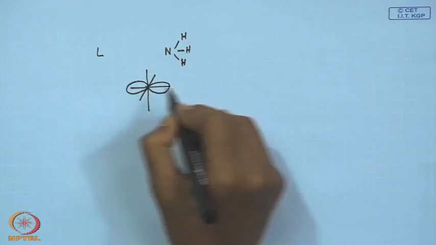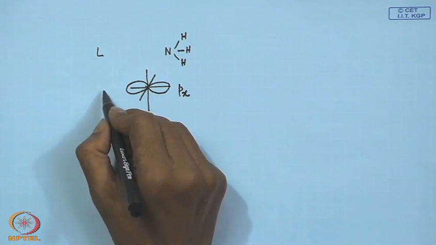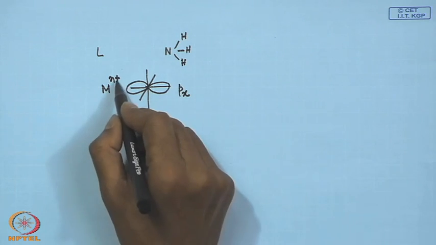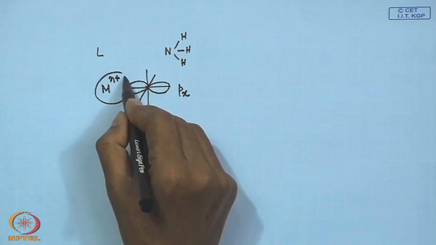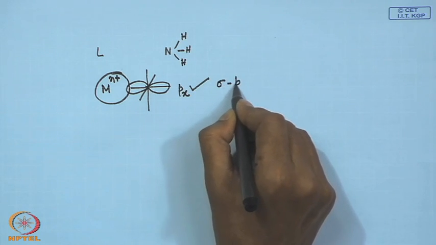We have utilized the px orbital to overlap with the metal ion. So, already we have considered this one particular orbital. This px is gone for sigma bonding.